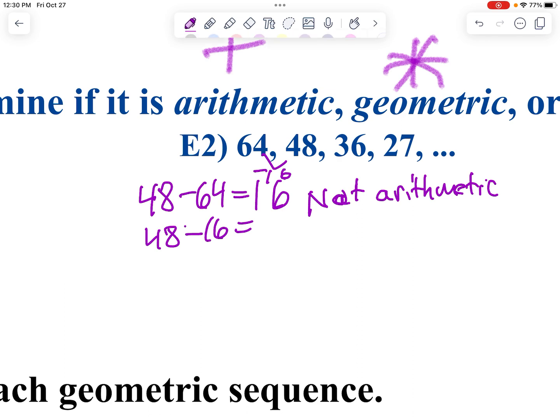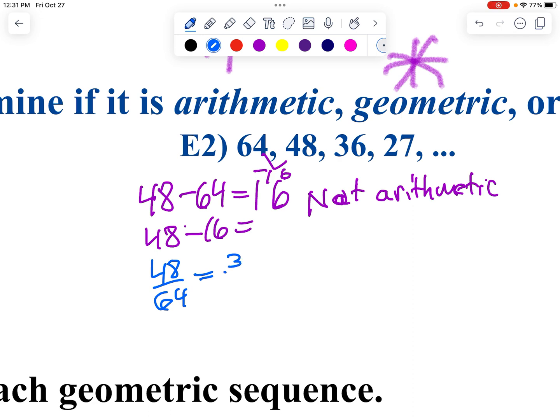Let's see if it's geometric. So if I take 48 divided by 64, notice I'll get 3/4, won't I? If I take 36 divided by 48, I get 3/4.